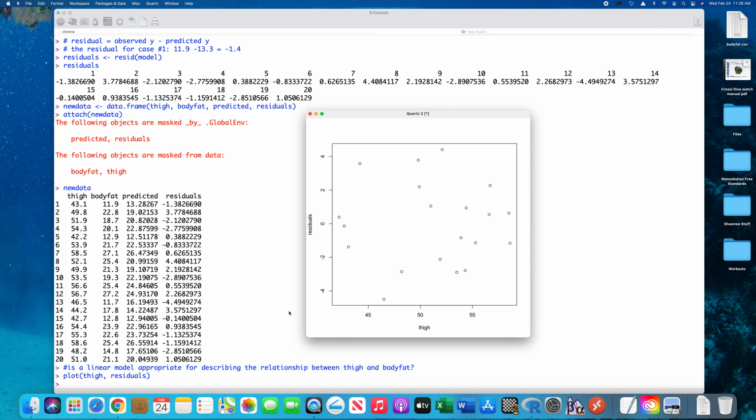If we get into a pattern, and sometimes you'll see a U-shape, if we see a scatter plot of the residuals over our independent variable that has a U-shape, then it indicates that a linear model is not appropriate. So this plot validates, if you will, the subjective decision that we made earlier, that predicting body fat from thigh using a linear model is appropriate. This graph right here kind of seals the deal, if you will.